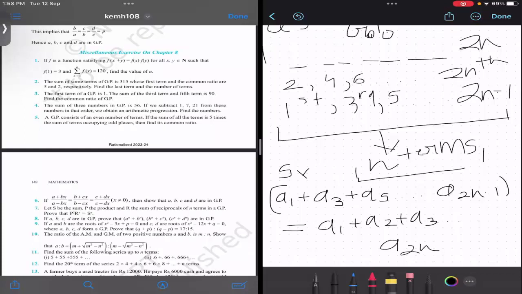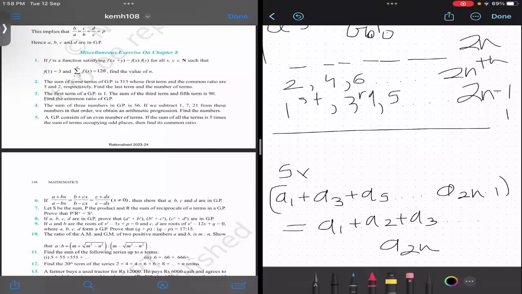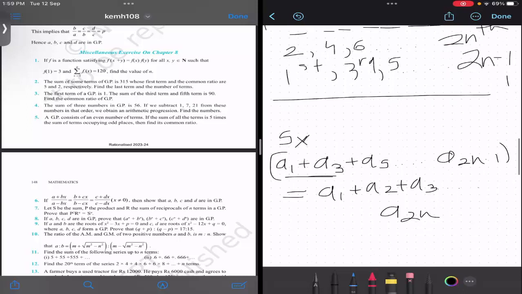Right? What I've done right here is I've expressed the information that has been given to us in the form of an equation, so the solution starts from here. This right here represents the sum of all the odd terms. Multiply that by 5 and you get the sum of all terms in the GP, right?